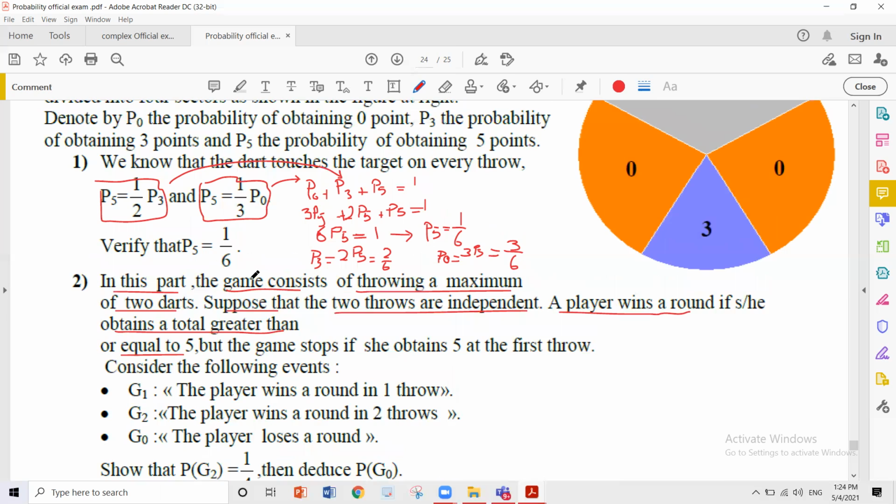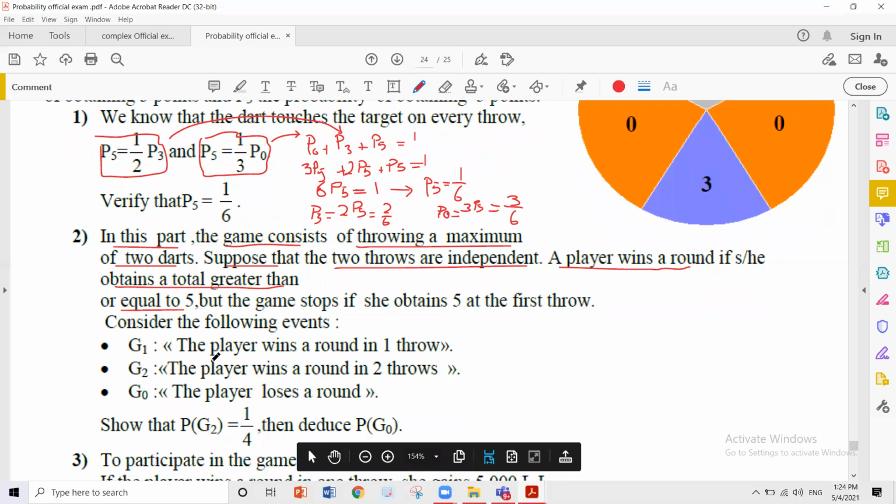In this part, the game consists of throwing a maximum of 2 darts. Suppose that the 2 throws are independent. A player wins a round if he or she obtains a total greater than or equal to 5. But the game stops if he obtains 5 at the first throw.